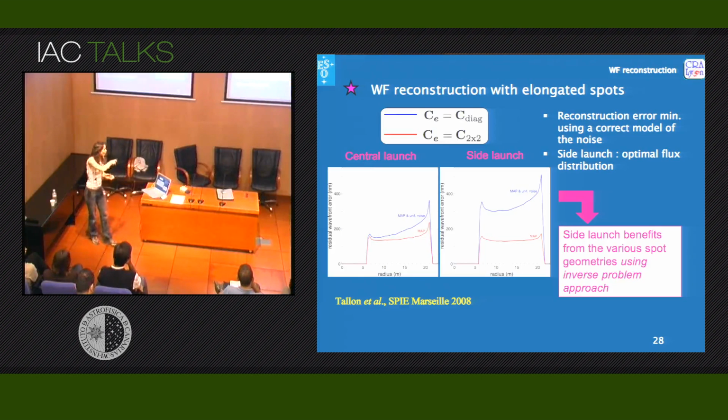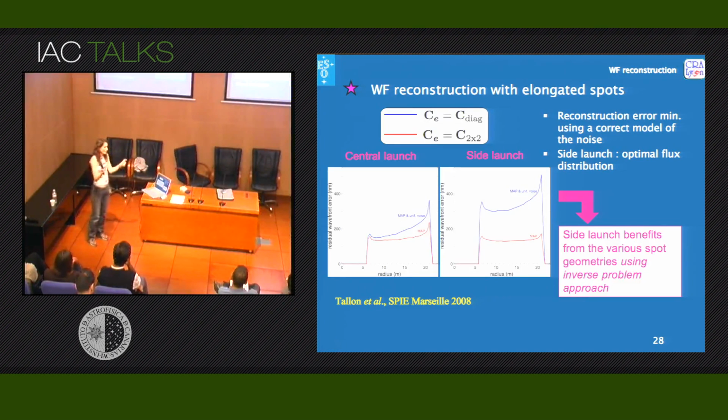And for side launch, the effect is much bigger, because as you have 2 times more elongation, you really have much more noise when you are far away from the launching point. So if you don't take into account these correlations, you have a very bad reconstruction, and it's a disadvantage for side launch.